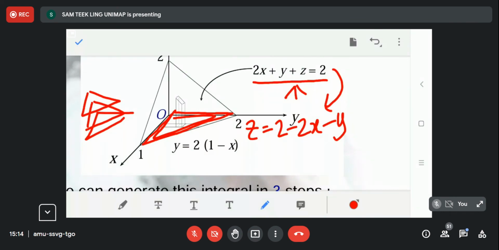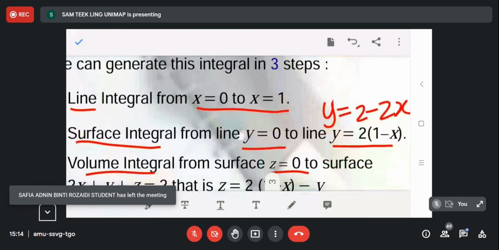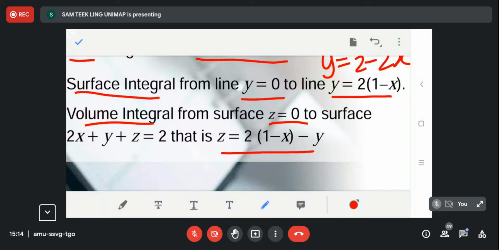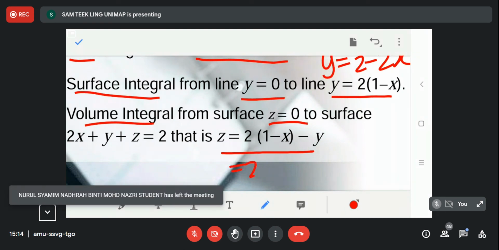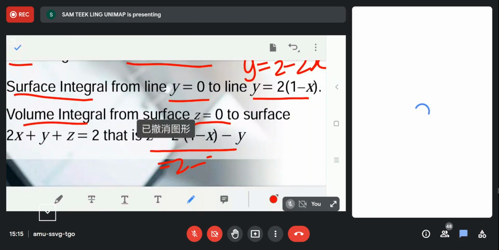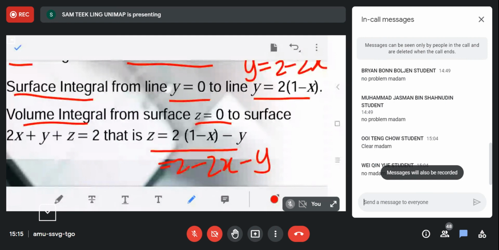So 0 to 2 minus 2x minus y. So this is the last one: z equals 0, z equals this one. If you want, you can write 2 minus 2x minus y.